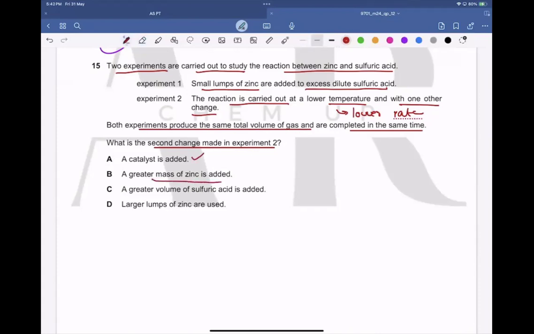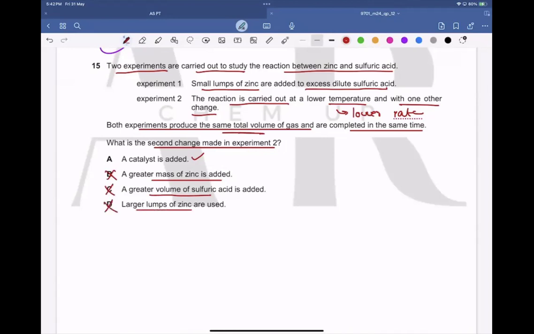Yeah. A greater mass of zinc is added. If we add the greater mass, we will get more volume, not the same total volume. So B goes wrong. A greater volume of acid: if I add the greater volume, there is a chance that the concentration, the rate, would get greater, but we will get more volume as well because the amount of reactants is increased. So C goes wrong. Larger lumps further lower the rate, so the reaction would not complete in the same time. So D goes wrong.